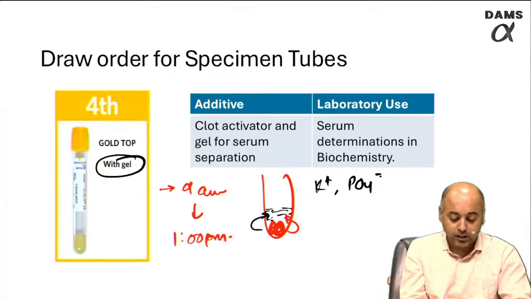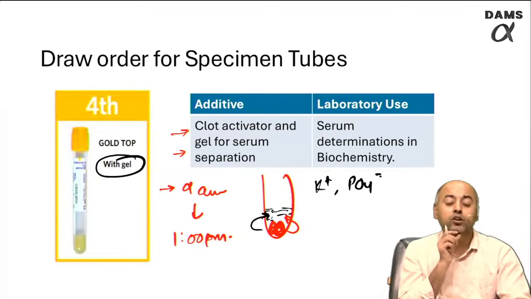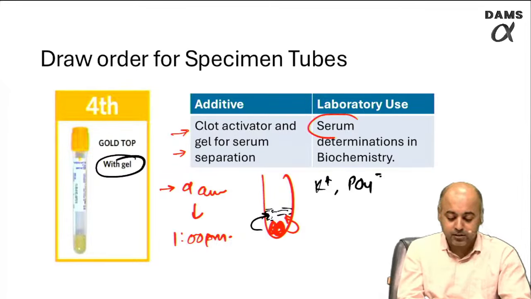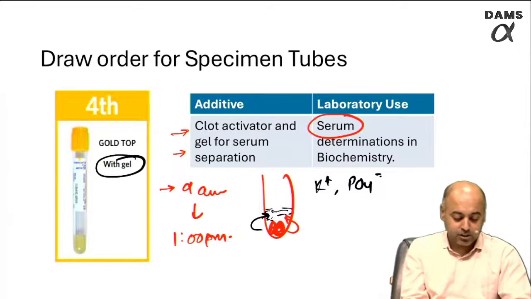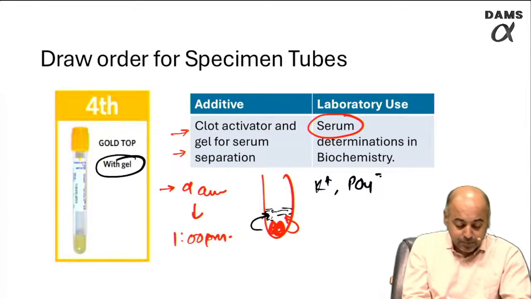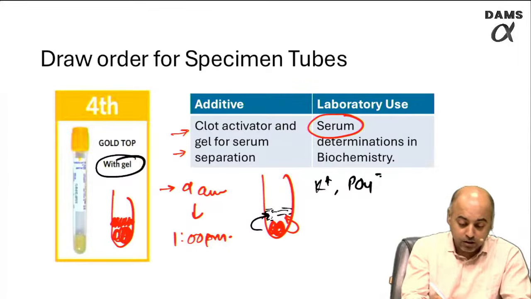So the additive is similar to what you see in the red vial. The result is similar, you get the serum, but here the gel creates a barrier. So you have the tube like this, the gel will form a barrier between the clot and the serum.